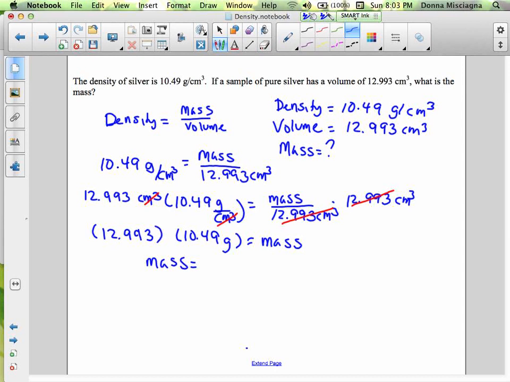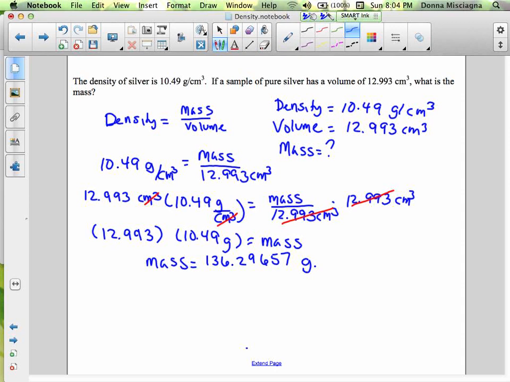All right, so 12.993 times 10.49 gives us 136.29657 grams. And there we go.